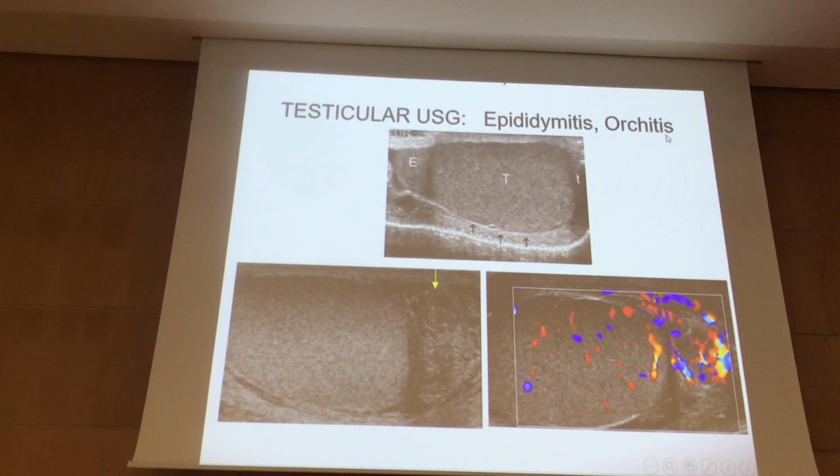You have to differentiate it from testicular torsion. In children, testicular torsion is very common. If torsion is there, you would not see the blood supply inside the testes. If there is increased vascularity, it's epididymo-orchitis. If there's no vascularity, it's torsion. If it is normal vascularity, then it is nothing. Clear on this?